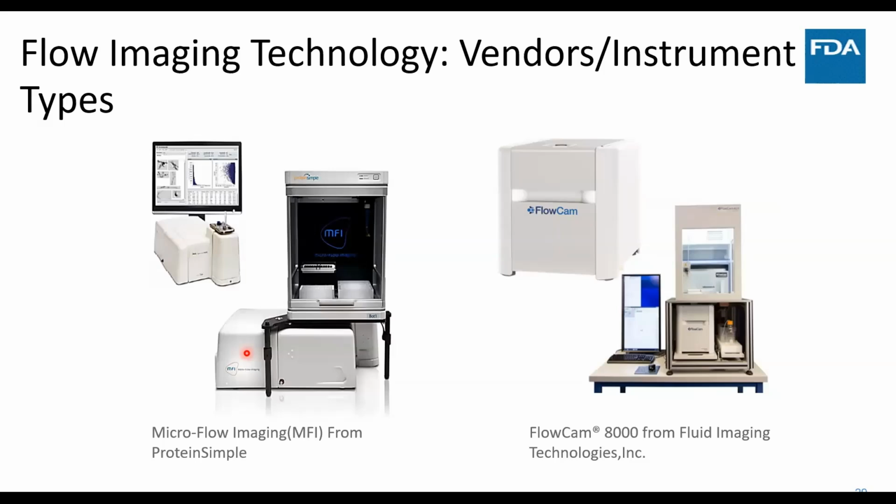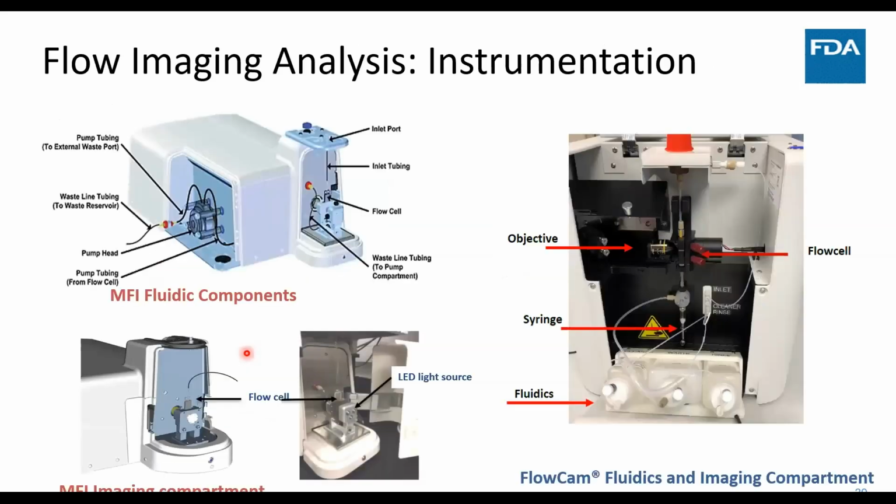These are the two common vendors or instrument types that you see: Micro-Flow Imaging from ProteinSimple and FlowCam 8000 from Fluid Imaging Technologies. We do have both techniques available in our labs in Building 64. You are free to stop by to have a look at it if interested.